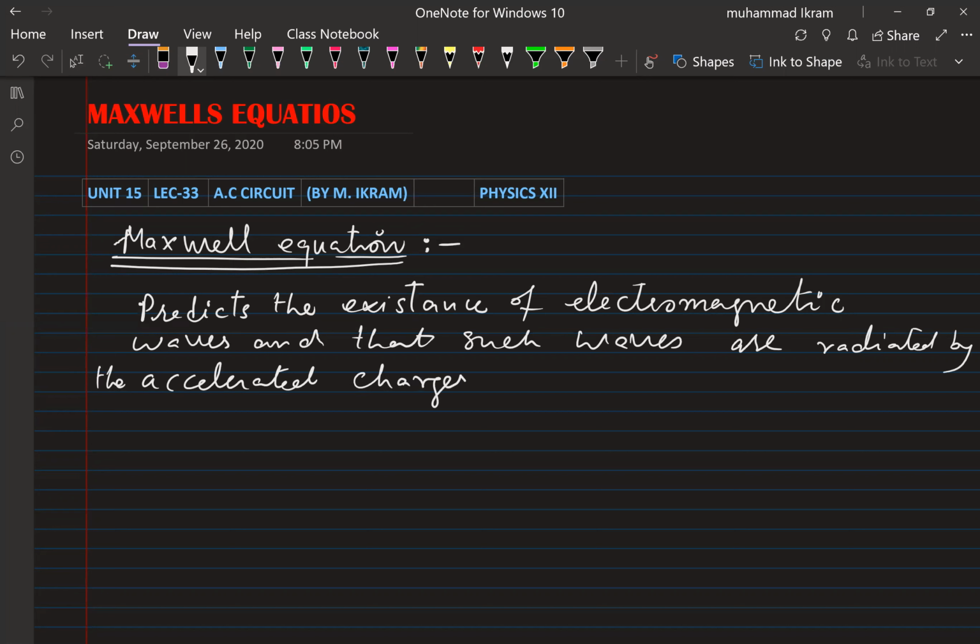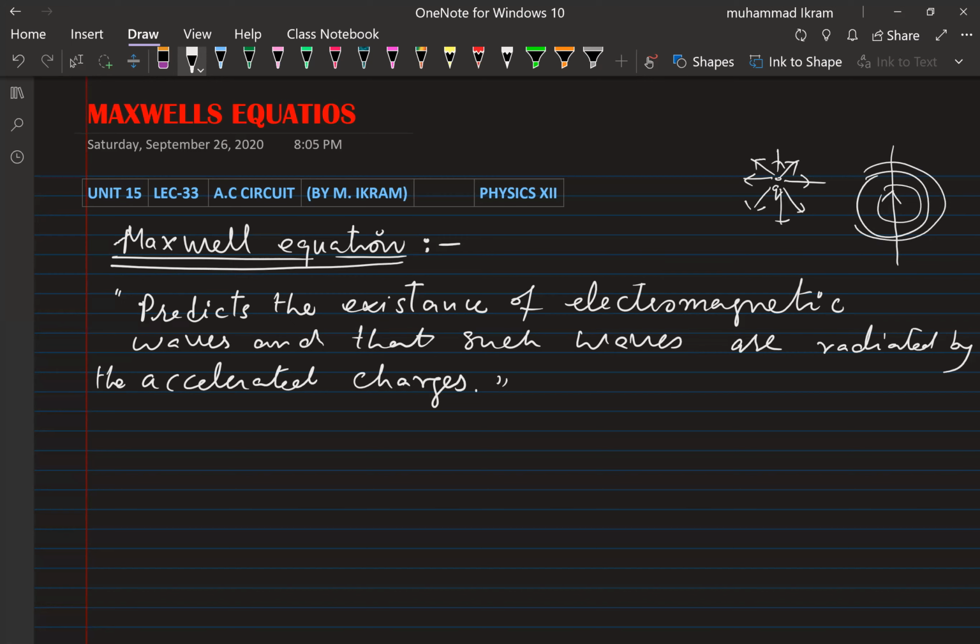So if you remember, in the first chapter I told you that when the charge is at rest, there is an electric field around it. As you see for a charge here, there is an electric field around it. When the charges move with a constant speed, moving charges constitute a magnetic field around them.